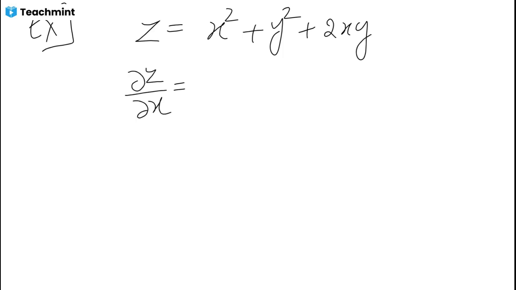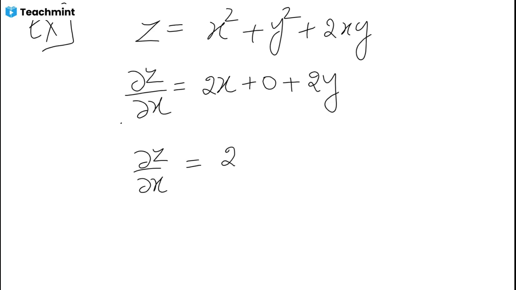So x square gives 2x by the power rule of differentiation, y square will be 0 because we are taking y as a constant, and 2xy gives 2y because 2 and y are constant and the differentiation of x is 1. So del z over del x is equal to 2x plus 2y.